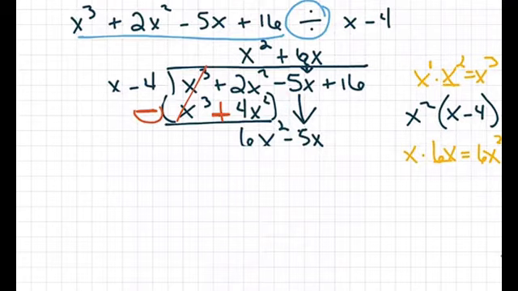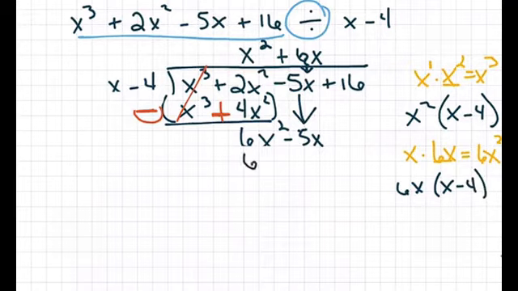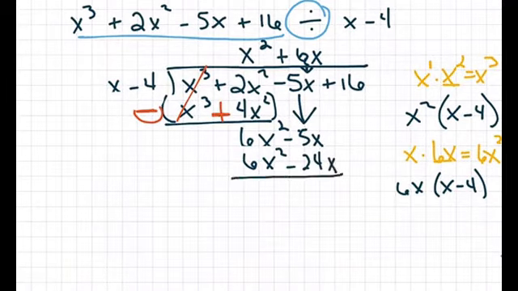Alright, so now I'm going to distribute 6x times x minus 4. 6x times x is 6x squared, and 6x times negative 4 is negative 24x. I am going to subtract and put parentheses. 6x squared minus 6x squared, they cancel out.